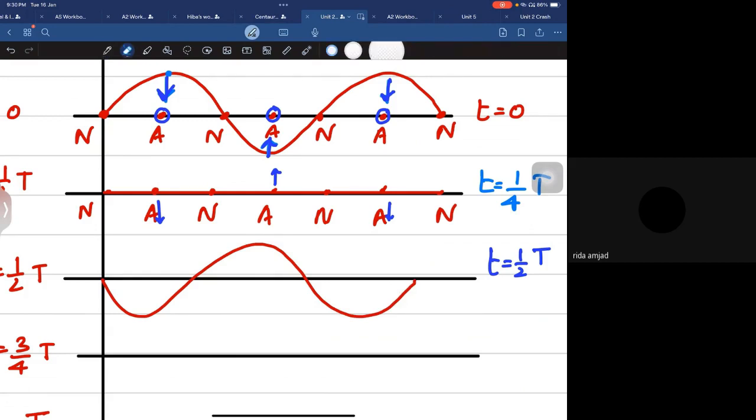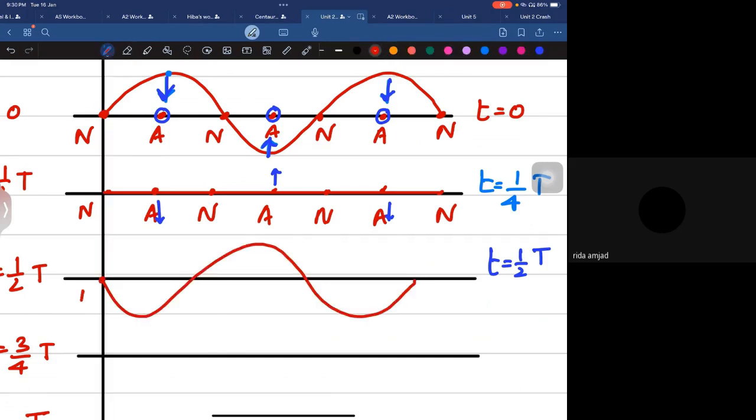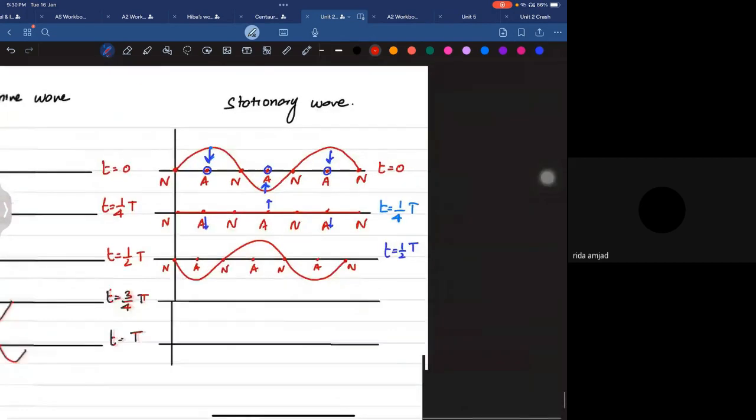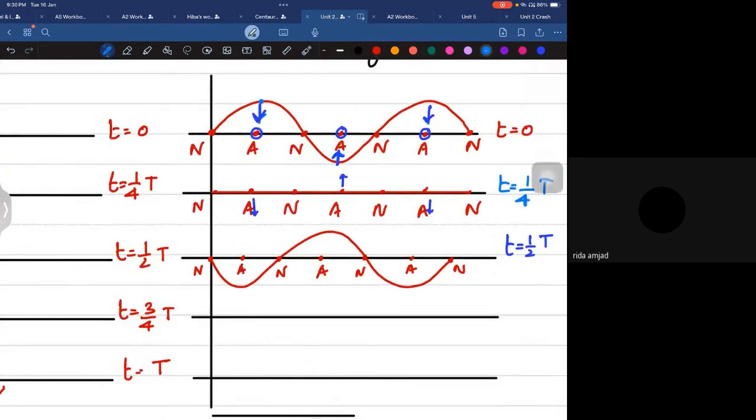Now you see the nodes, the nodes we're talking about would stay where they are, antinodes would stay where they are: node, antinode, node, antinode, node. Only antinodes can move up and down. Do you guys understand that? Now it has reached this point. So now see this.